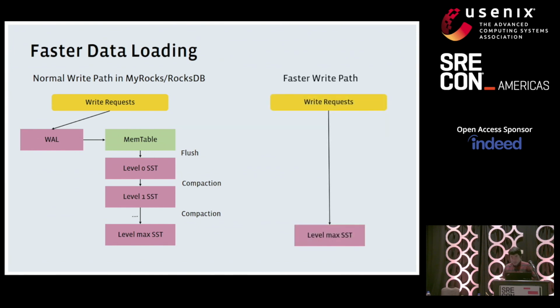So we created a feature called fast data loading. When the data is guaranteed to be sorted by primary key, we can bypass all of these steps and write directly to the bottommost data files. By doing so, we could migrate hundreds of gigabytes of data in just one hour or so.